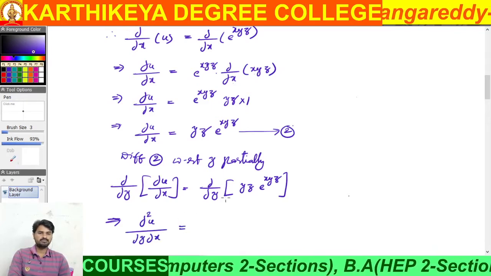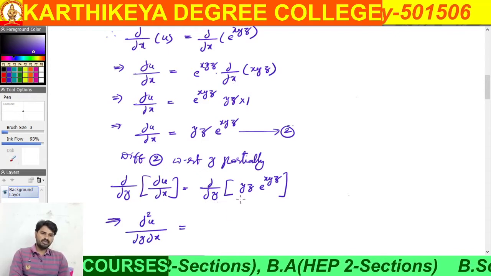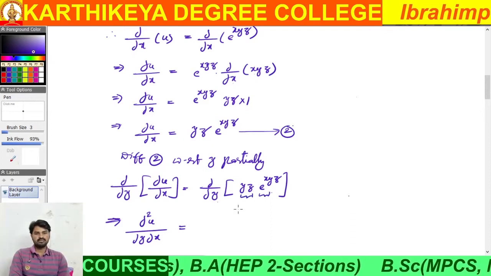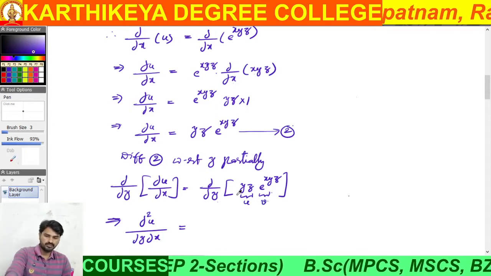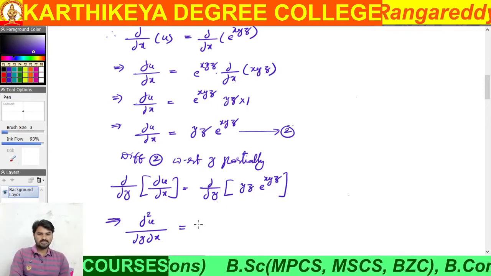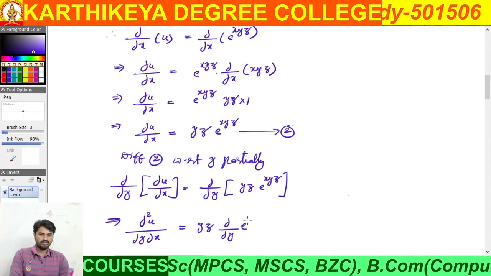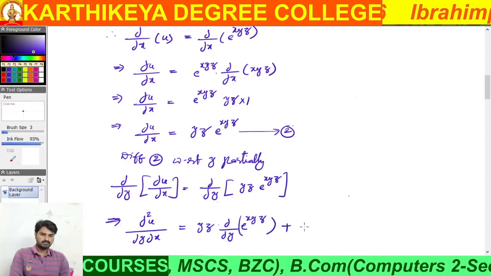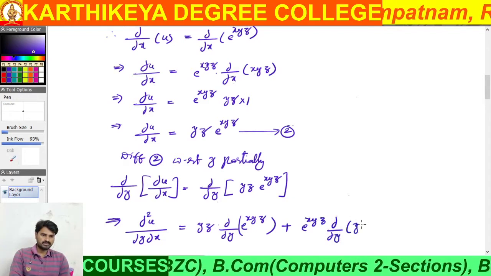Here we differentiate with respect to y. We can consider these two functions as u and v, both functions of y, so this will turn into the derivative of u into v: yz into dou by dou y of e to the power of xyz plus e to the power of xyz into dou by dou y of yz.